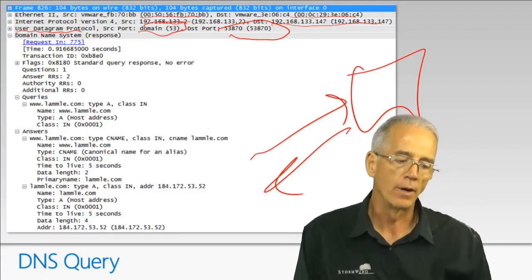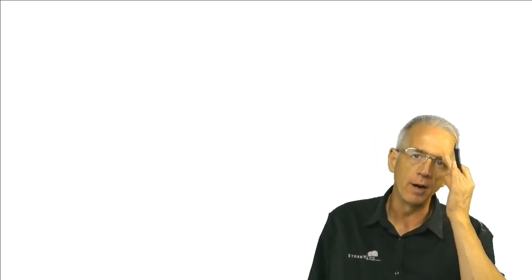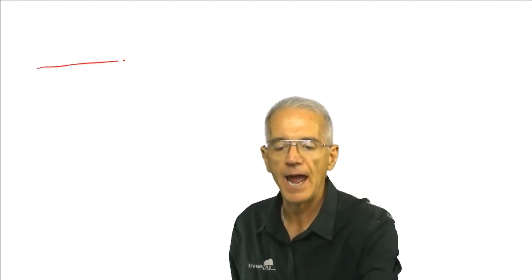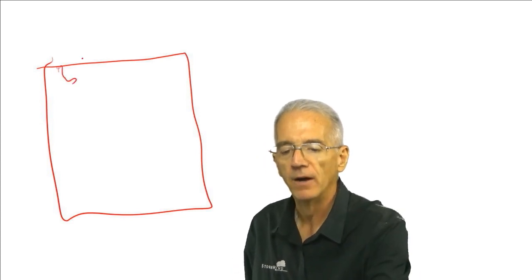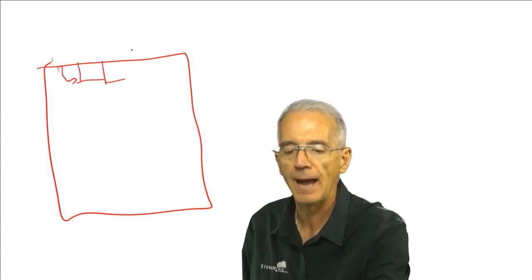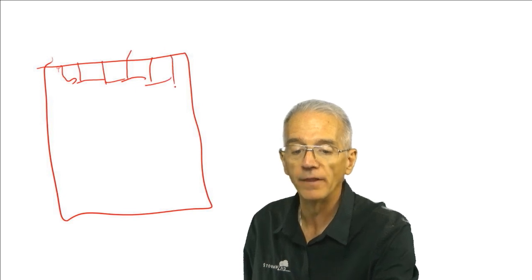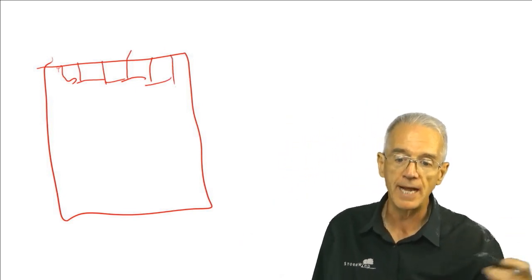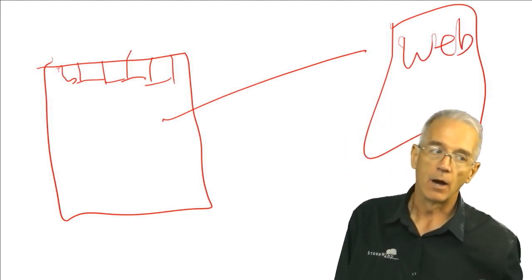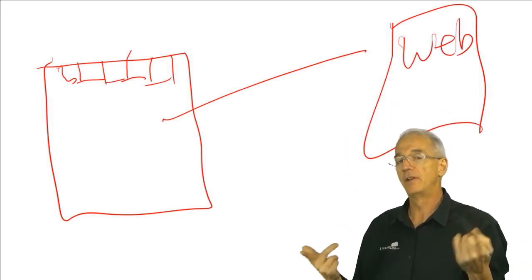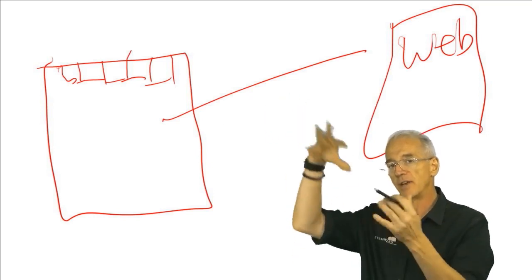Now, the way that ephemeral port numbers work, let's say that I have a browser. And on this browser, I may have like 900 billion tabs open, and all these tabs are going to the same web server. Now, the web server has to be able to differentiate the different streams, the different tabs.